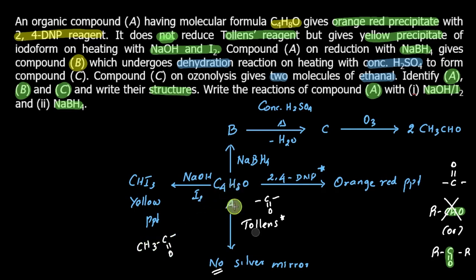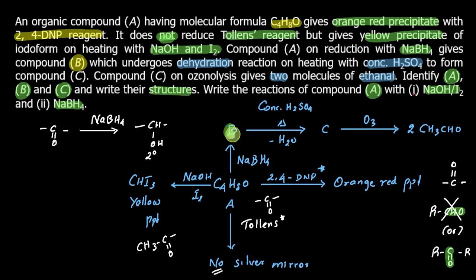The next, compound A, when it is treated with sodium borohydride, a reducing agent, since A has a ketone in it, you know very well that a ketone undergoes reduction. When a ketone undergoes reduction, you will be getting a secondary alcohol.